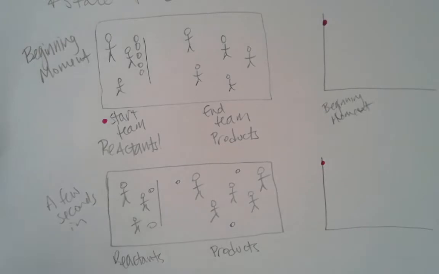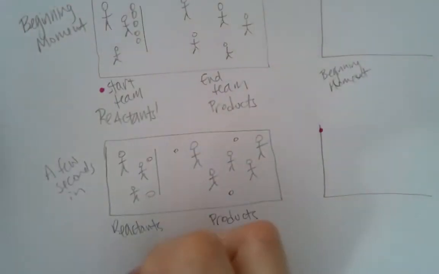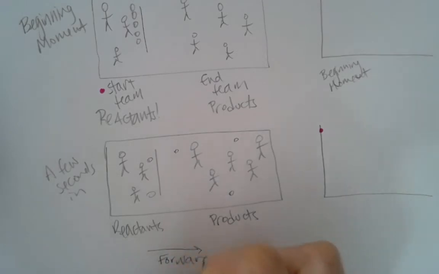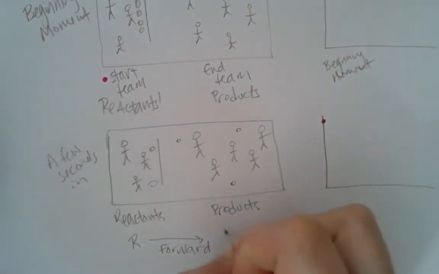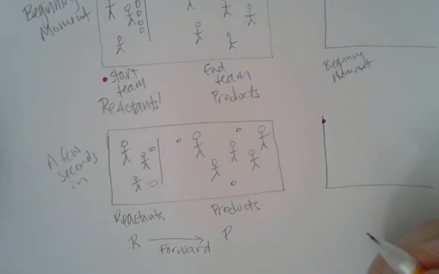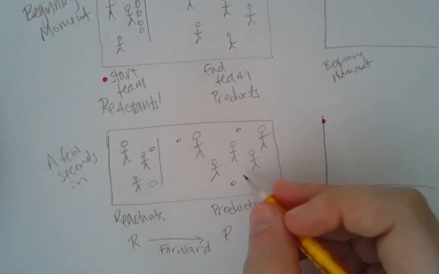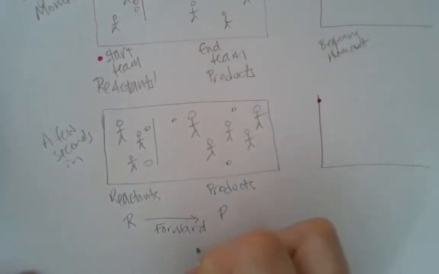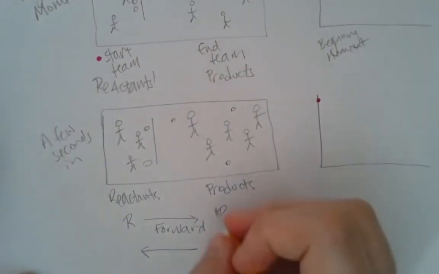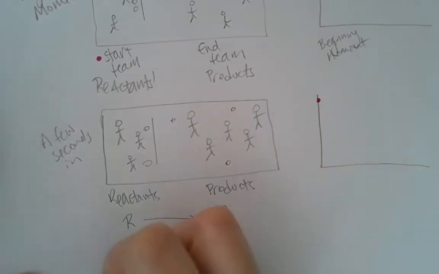So we have some of the reaction going forward. And in the forward reaction, your reactants are forming products. But once your product people have bouncy balls, they're like, hey, you just threw a bouncy ball at me. Your products tend to also throw their bouncy balls back to the reactants.